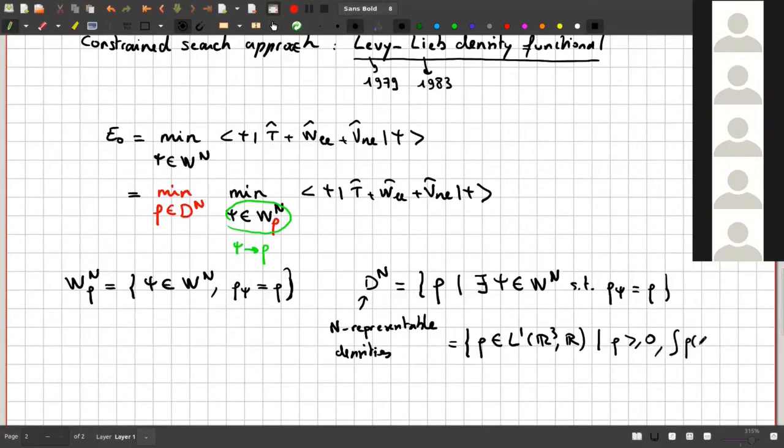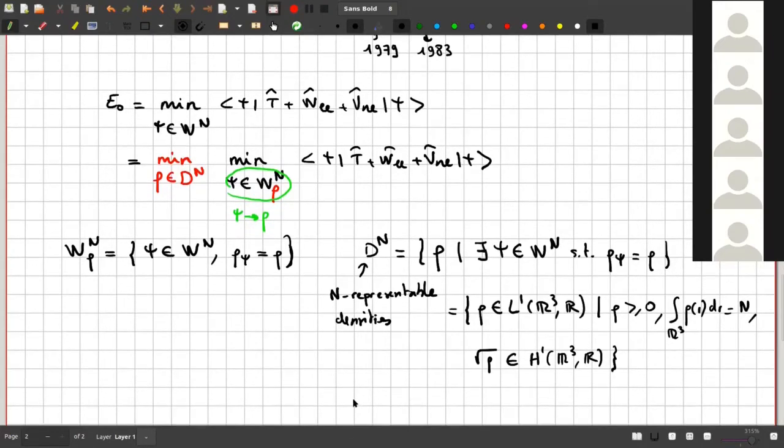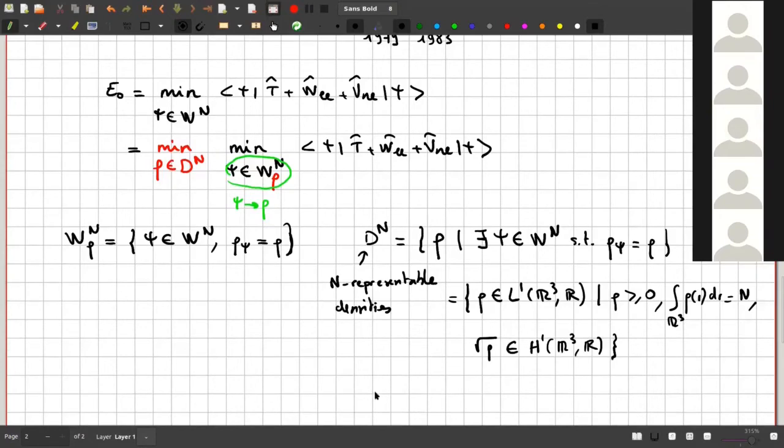It must integrate to the number of electrons N. And the last condition, again to get a finite kinetic energy, is that the square root of the density needs to be in the Sobolev space. So it means that the gradient of this quantity is square integrable. Anyway, we know exactly what this set is.